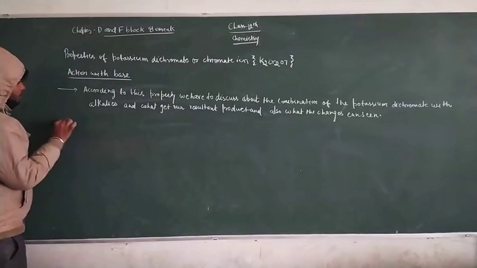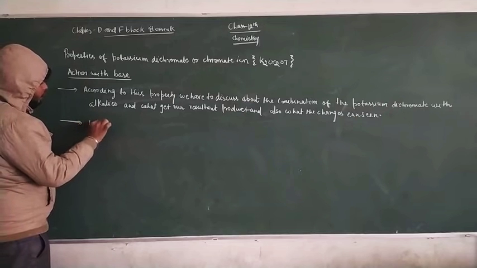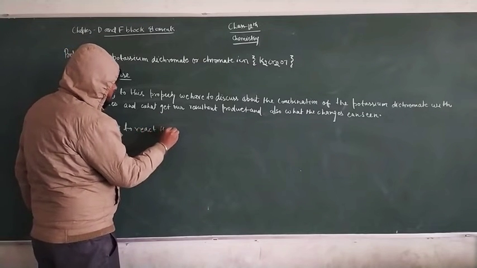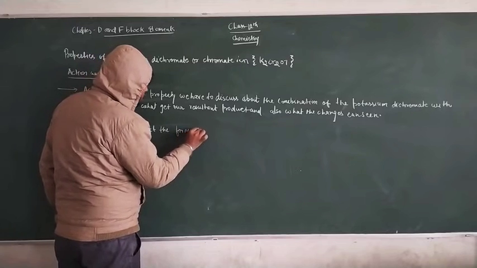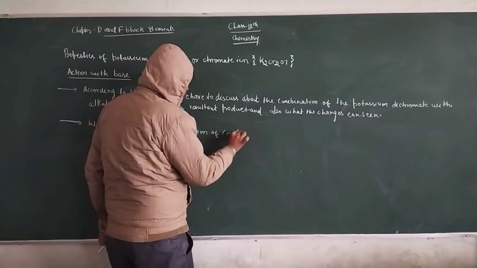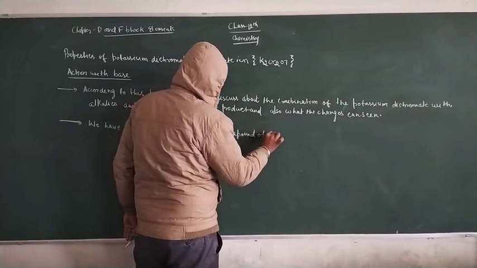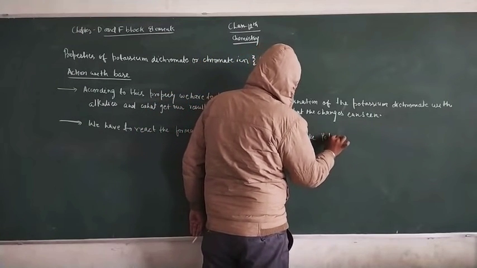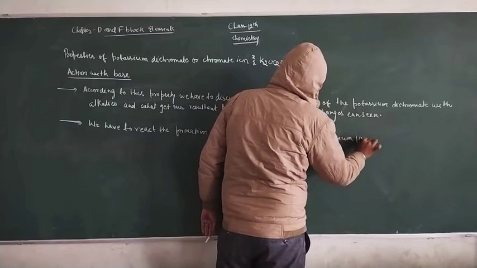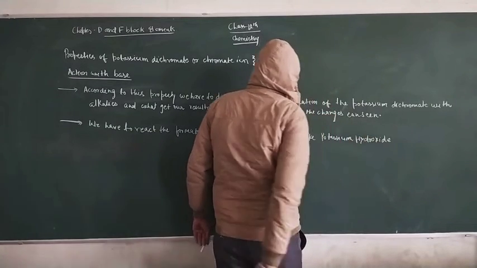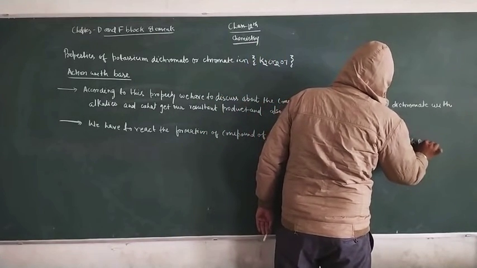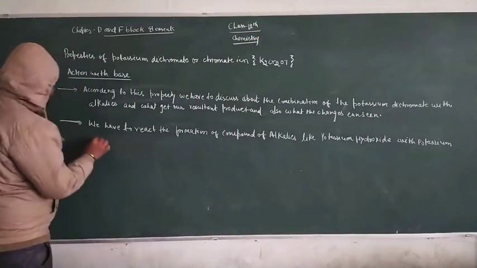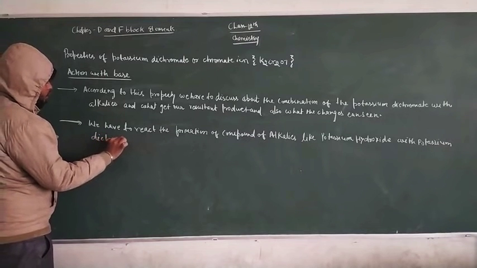So in this, we have to react a compound of alkalis like potassium hydroxide with potassium dichromate.